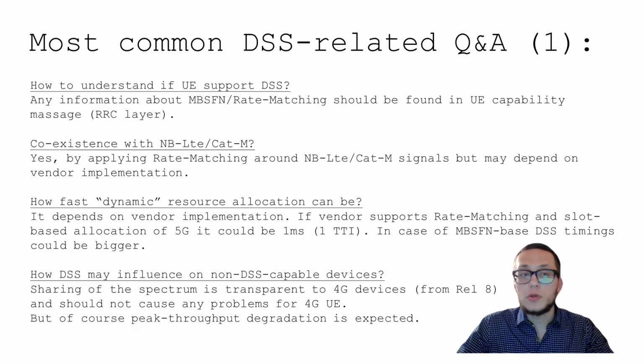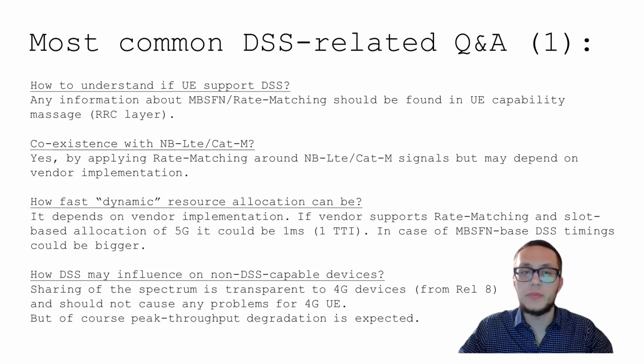Is there a possible coexistence with narrowband LTE or category M? I believe yes, by applying rate matching around LTE, NB-IoT signals and category M signals. But of course it may depend on vendor implementation, and you should be aware of that.